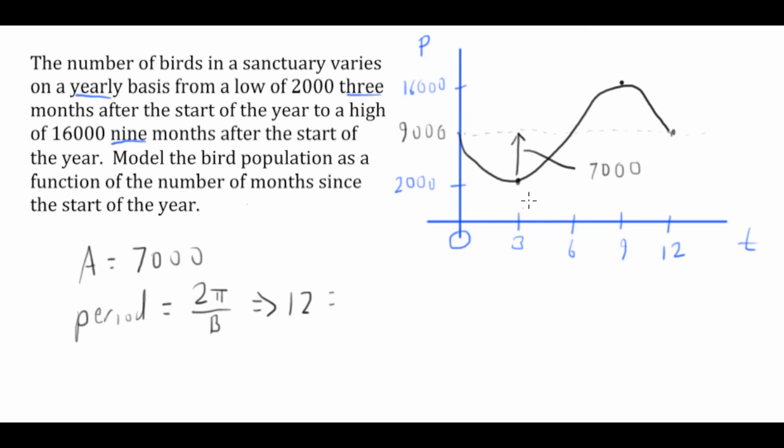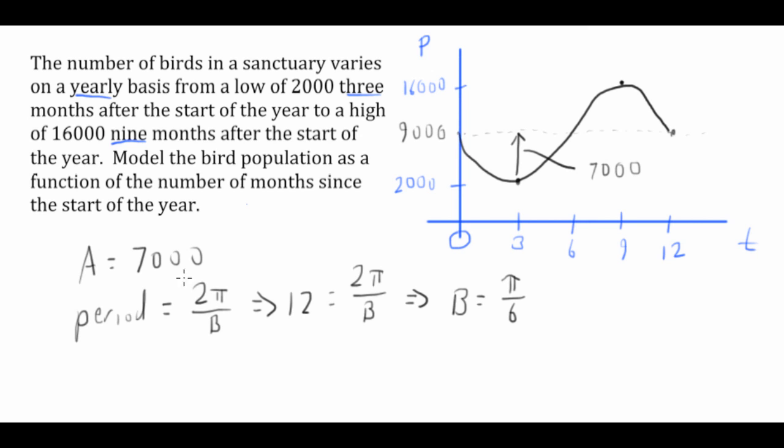That's the period, 1 full year or 12 months, equals 2 pi divided by b. And if you do some cross multiplying or however you want to solve that, b equals pi over 6.